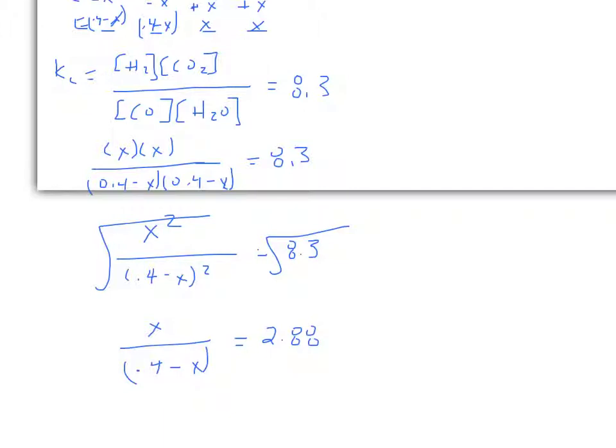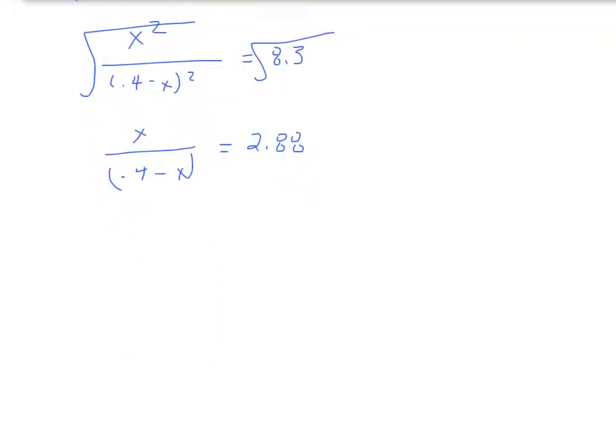I would then take my bracket in the denominator and times both sides by it so that it comes up here on the opposite side in the numerator. In order to get rid of the brackets, I would expand my 2.88 over the bracket using distributive law.